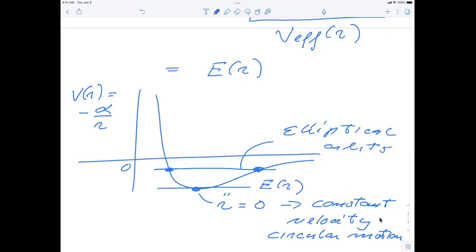And then on Friday, I'm going to sneak in some 10, 15 minutes where we're going to derive parabolic and hyperbolic orbits. And they're going to correspond to different energies of the system. So the elliptical motion and the circular motion are going to correspond to what we called bound motion. So you're bound to move around an origin.